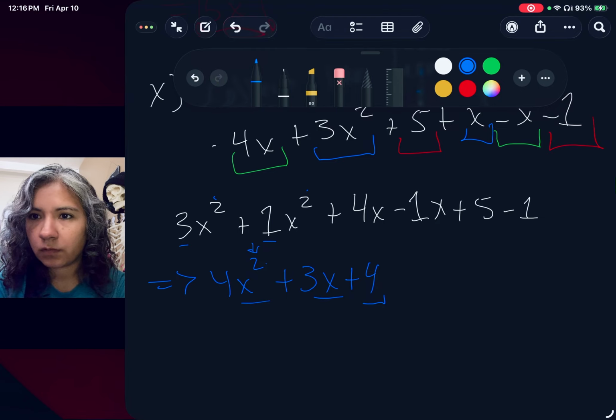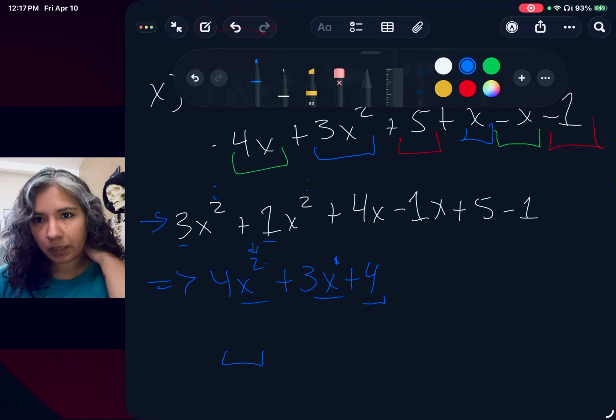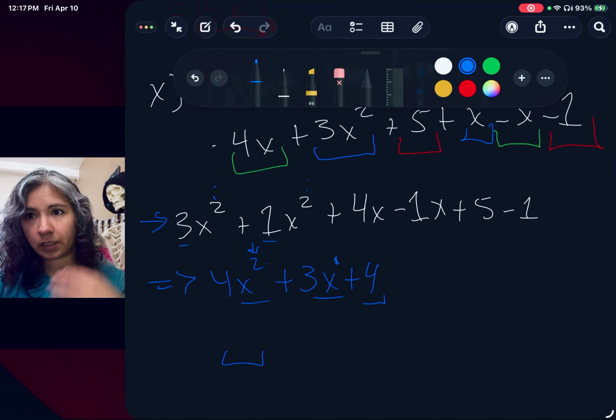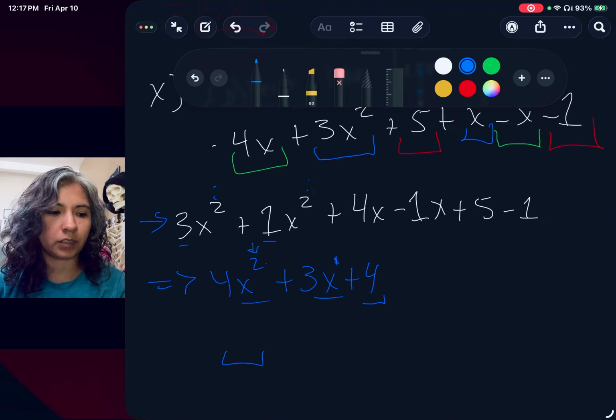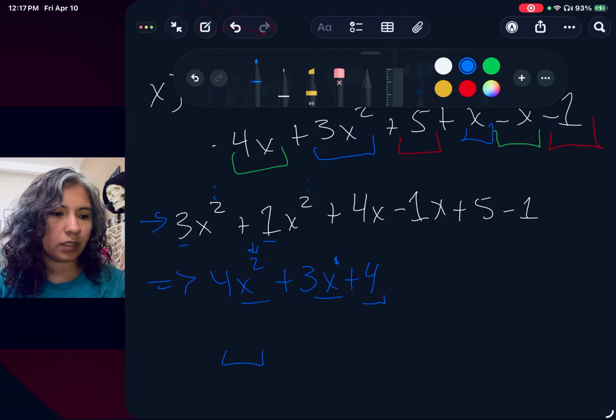So 2 is bigger than our exponent 1 that we're not writing here. So that's why it's first in line, and that's why whenever I wrote this line out, I had the x squareds first, because in traditional algebra, we put those first whenever we're writing out answers.